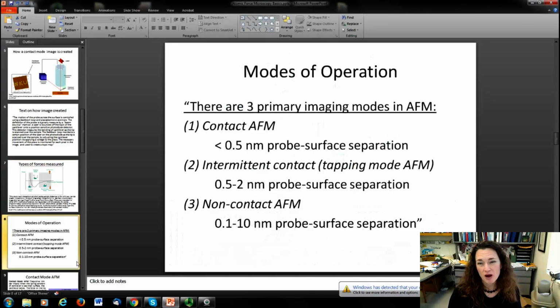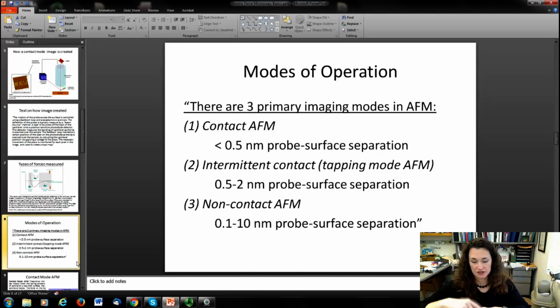So there's three primary imaging modes in the AFM. These are the typical ones that you'll find on other AFM. Like I said, we'll discuss other modes of operation later in the talk. But the three primary ones are contact AFM, and that has a tip sample separation of less than half a nanometer, say. And then you have intermittent contact, or more commonly known as tapping mode AFM, where the tip and cantilever are oscillated over the surface, and then the tip gently taps the surface at the bottom of that oscillation.